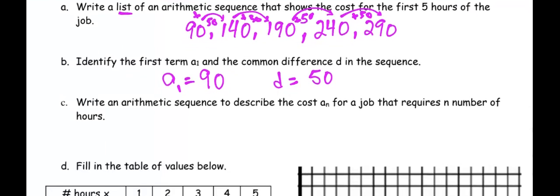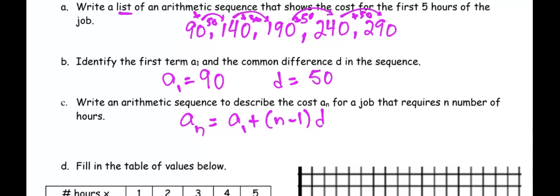Since this is a sequence, I can write an arithmetic sequence nth term rule to describe the cost of the job. Since this is an arithmetic sequence, the nth term rule is going to follow the format a sub n equals a sub 1 plus n minus 1 times d.